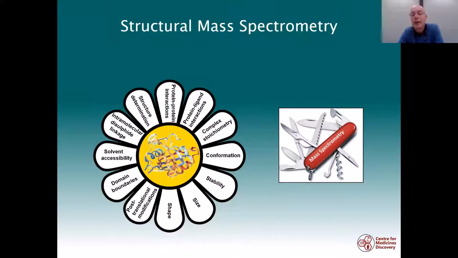It is a range of different techniques, and they share the same instrumentation, but the approaches to these techniques are all different. And how you should be viewing mass spectrometry is this multifunctional tool. And you can use this tool in lots of different ways to get the structural information that you're interested in.